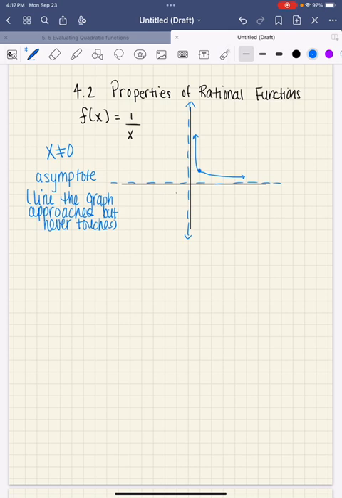This graph also goes through the point -1, -1, and these curves are often referred to as branches.